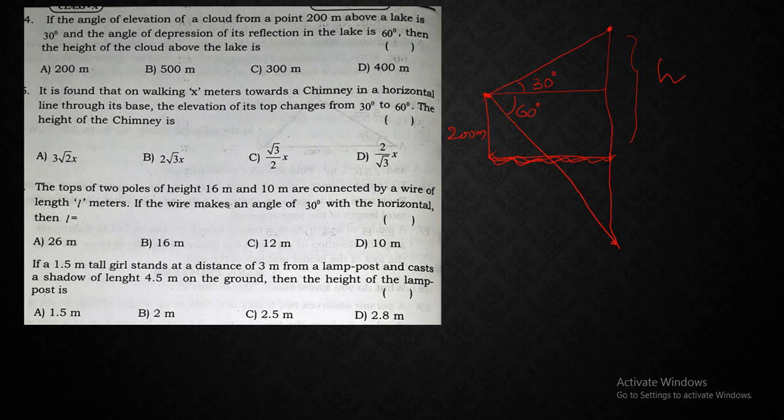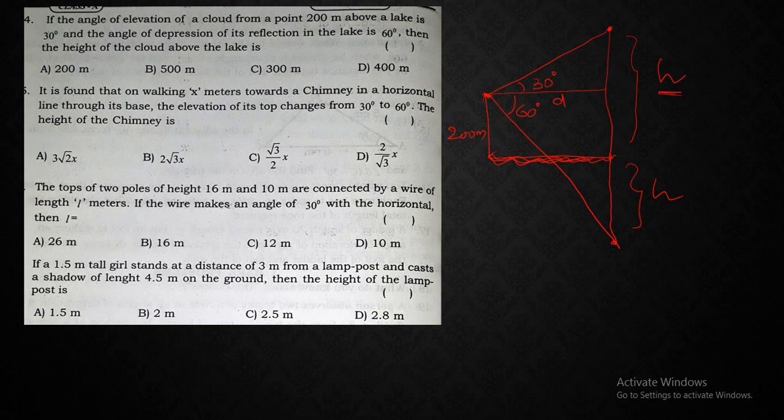Now from the surface of the lake, if this is height h, then this height is also h, because the same distance above the surface will be below also, right? Now from this what I am going to find is the height of the cloud. So height of the cloud means I need to find out the value of h.